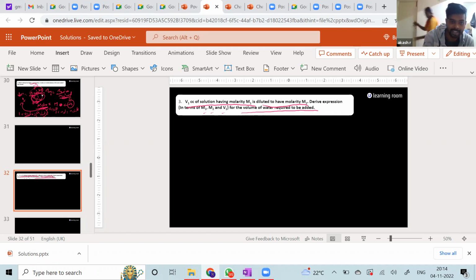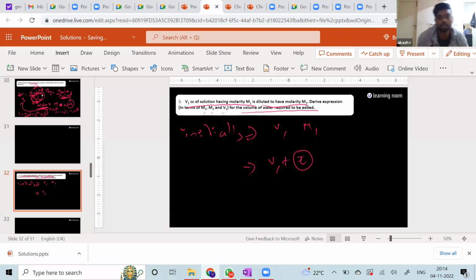What they are telling is that initially we had V1 volume, and M1 was the molarity. Now we have V1 plus some more amount of water we are adding. V1 is already there, and we are adding an extra amount of water to dilute it. In that process, this M1 becomes M2.